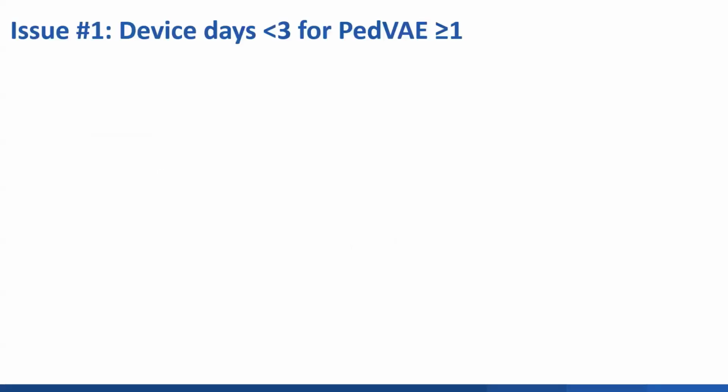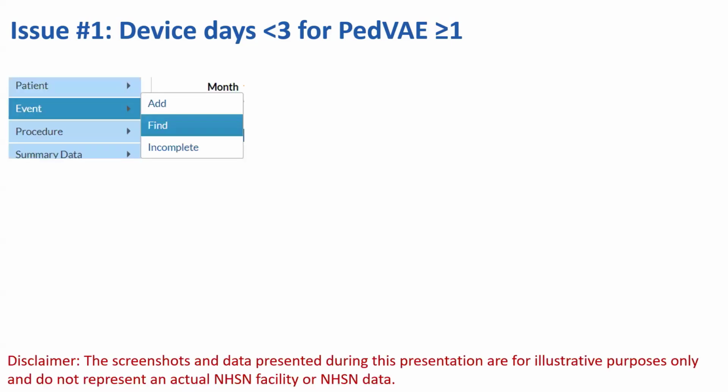So let's dive into the most prevalent data quality issue that I've seen. That is, the number of device days was reported as some number less than 3, while at least one PedVAE was reported. Let's see an example. Let's say I went to the NHSN app, selected event from the sidebar menu, and then selected find.